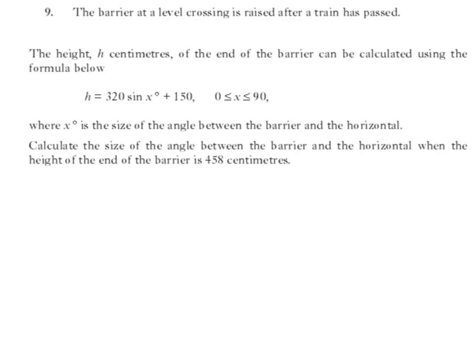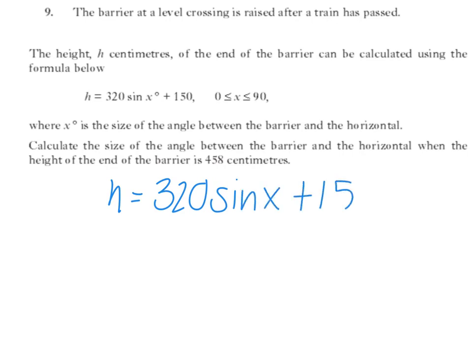So we will achieve that by using our formula. So we'll write that down to begin with. H equals 320 sin x plus 150. So we know that the height is 458 centimetres, so we can sub that in for h.